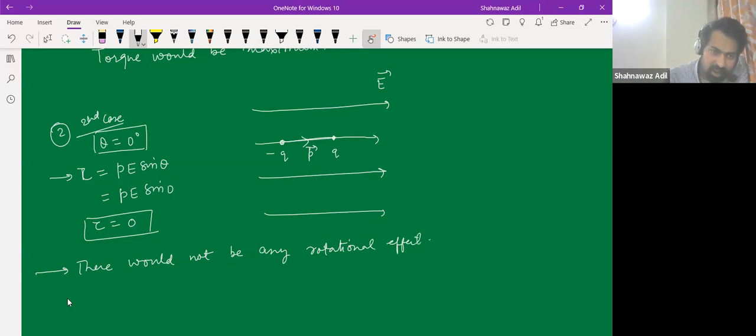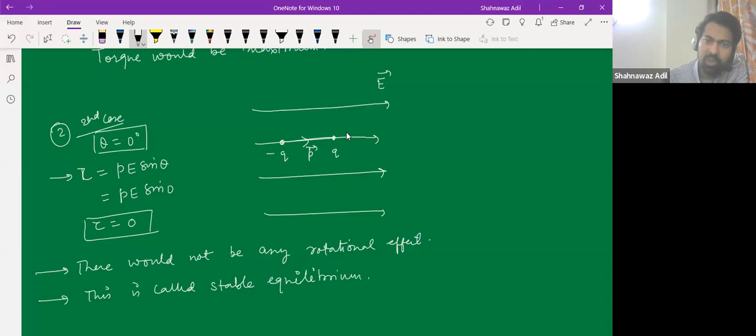And this is called stable equilibrium, right? Why stable equilibrium? Because there will be no rotational effect. So that is why this is called stable equilibrium.